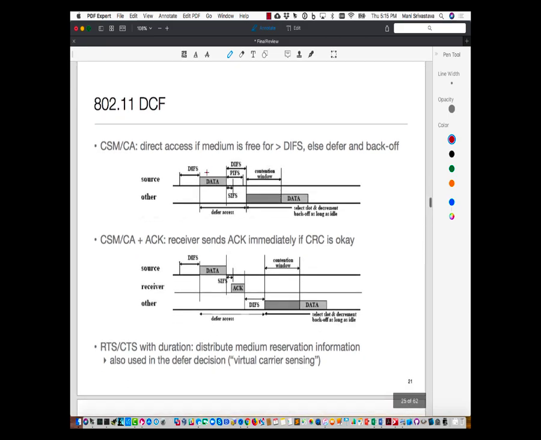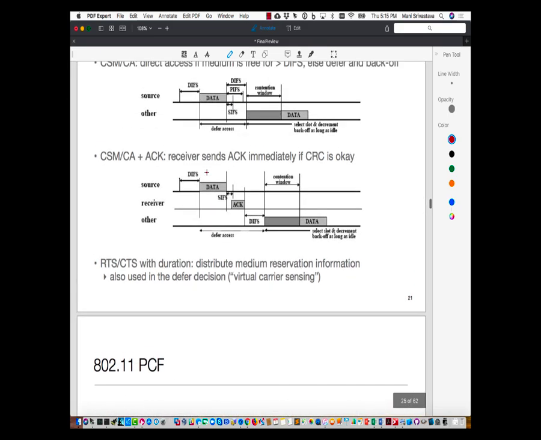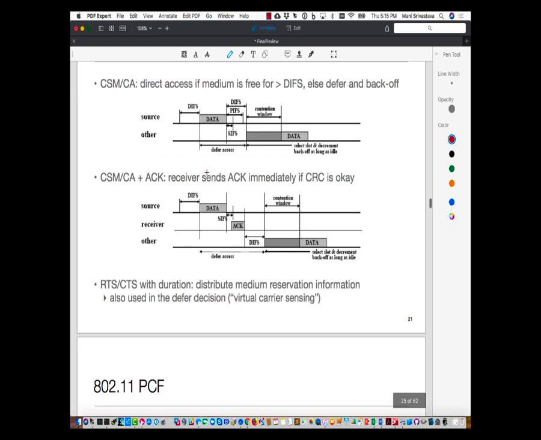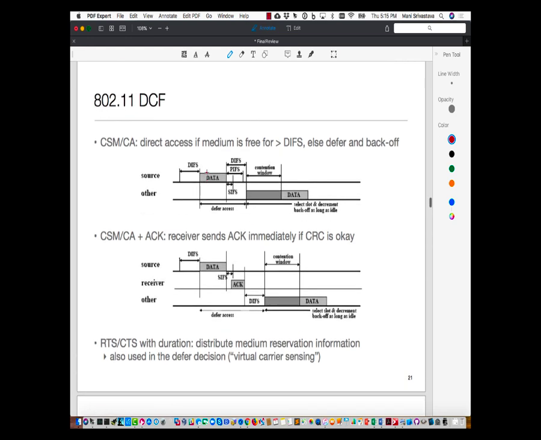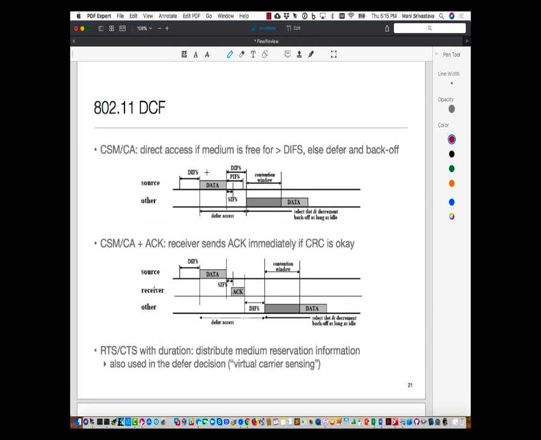5:15. Okay, so we had looked at one particular medium access control protocol, which was the one used in Wi-Fi. And this is an example of a protocol optimized for a radio scenario where listening is cheap.